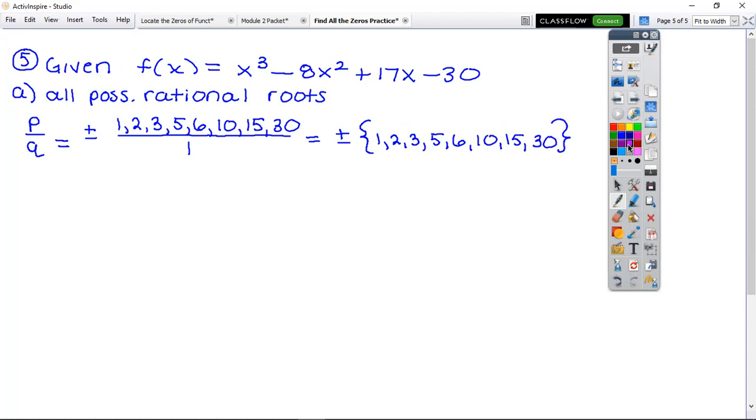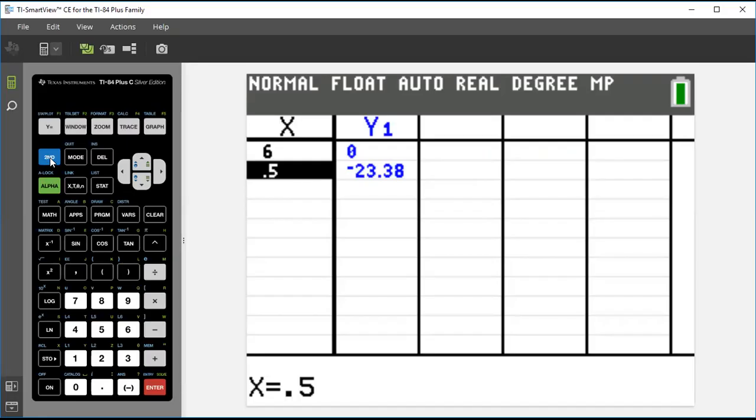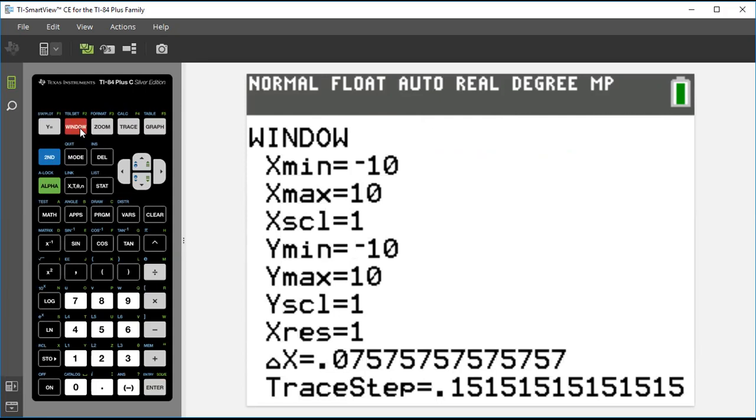Okay, so here's a trick in the calculator that you can do. And again, this is very helpful when you have fractions to check. We're going to do our table and change it to ask mode. Go to second window.